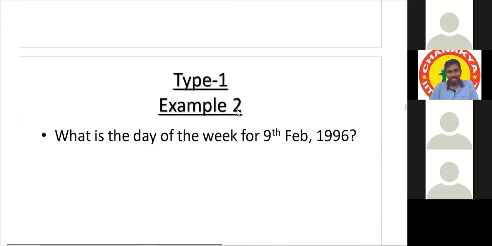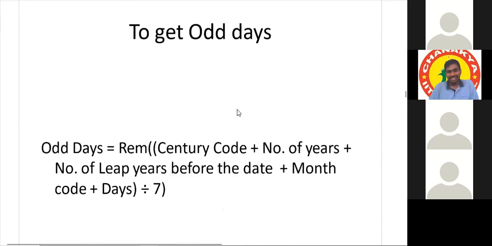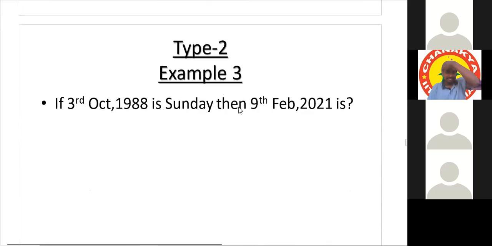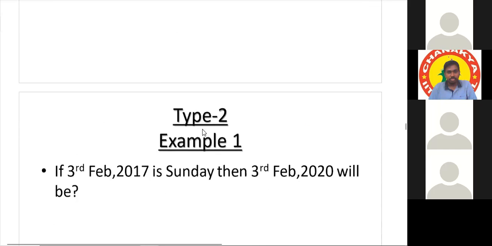Not this, this. On 6th August, it is Monday and something is given. Type 2, yes, this one. Type by type, I have classified all the types of questions. So we just have to solve those questions.